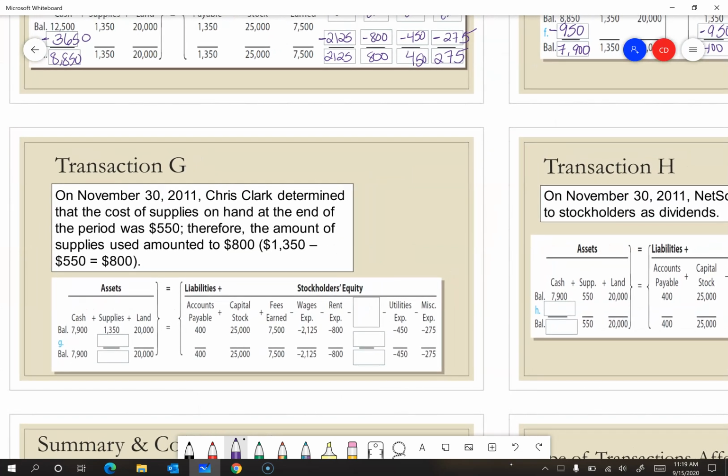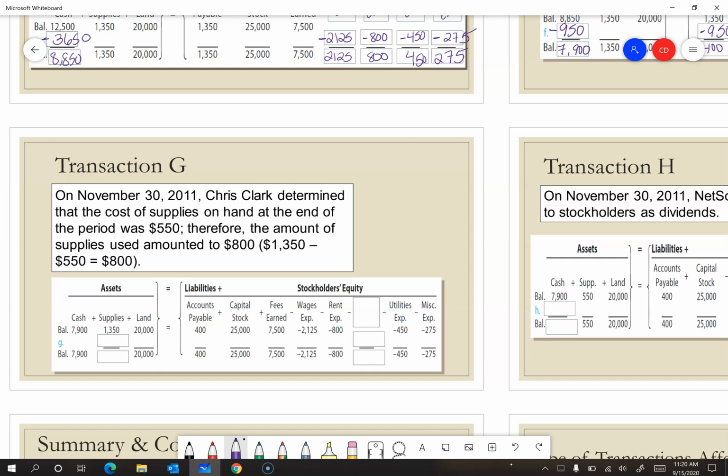All right, transaction G. On November 30th, Chris Clark determined that the cost of supplies on hand at the end of the period was $550. Therefore, the amount of supplies used amounted to $800. So how do we get there? So first question is cash changing hands? No, it is not here, okay?